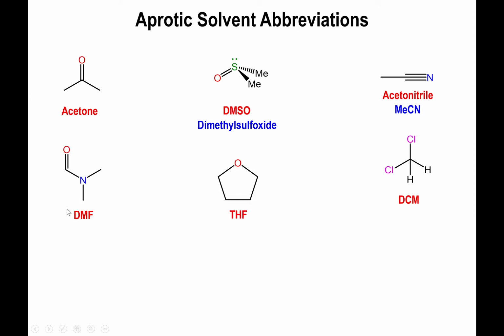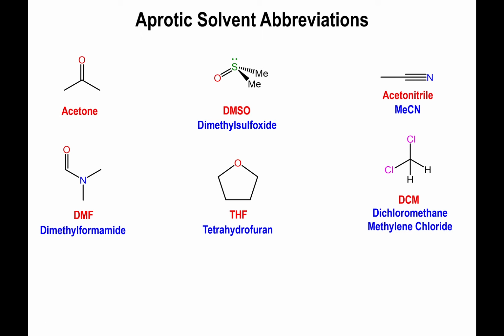Other typical solvents are DMF, dimethylformamide. We have tetrahydrofuran or THF, which is an ether. And another solvent that can be used depending on the condition. Sometimes this is not a good solvent to use in substitution reactions, but in some mild ones you can use dichloromethane or DCM, also known as methylene chloride.